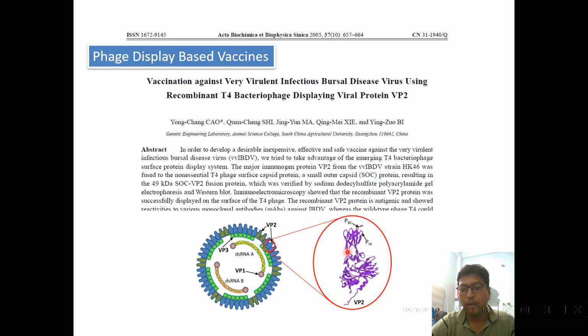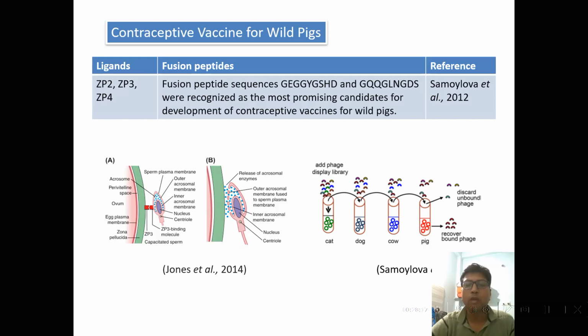When this display peptide was given to the chickens, after 4 weeks of the first primary injection, they were challenged with the actual infectious bursal disease virus. These chickens were protected from this virus, and there was no mortality.